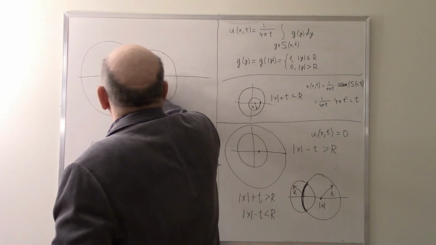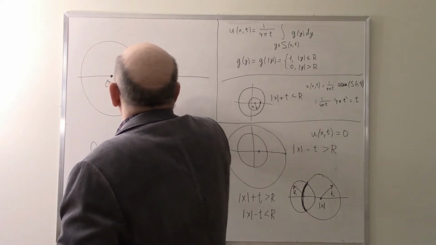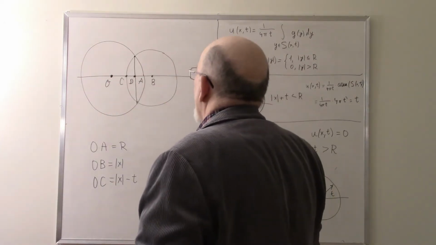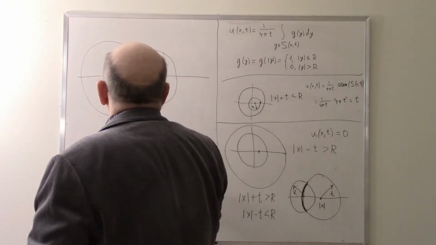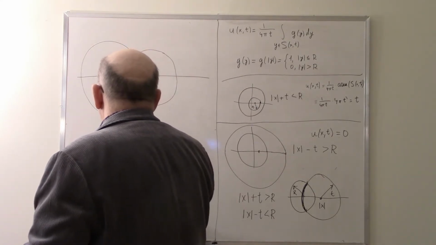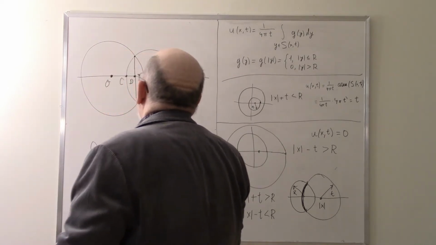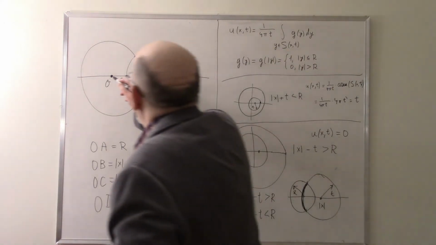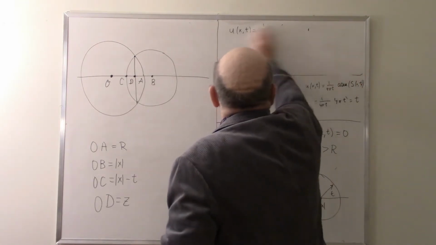Let's consider this point which is called D. We join these two points of intersection and this point D. And OD, let me denote it by z. And it is an important thing, the most important thing. So let me make a step aside.